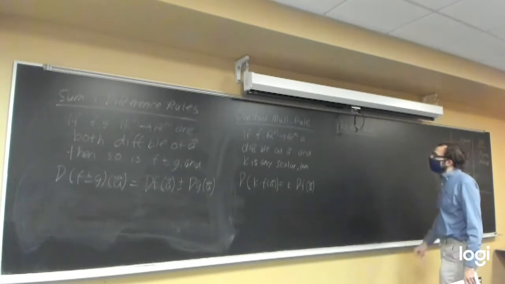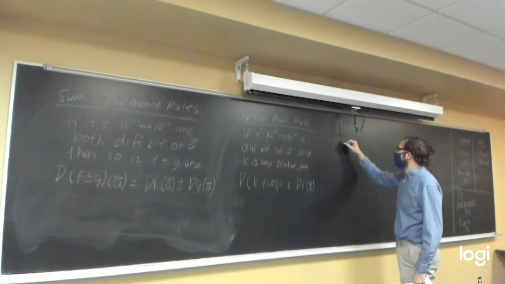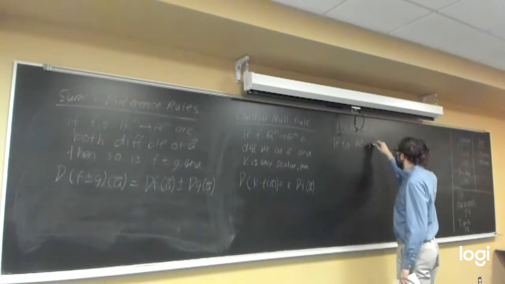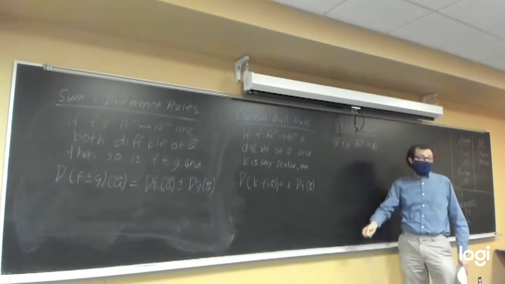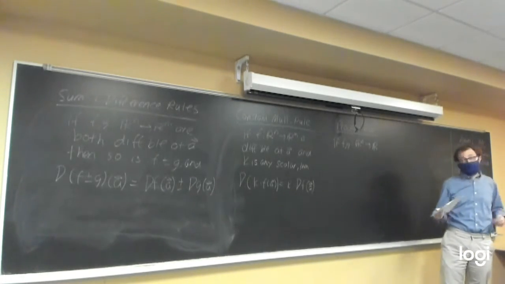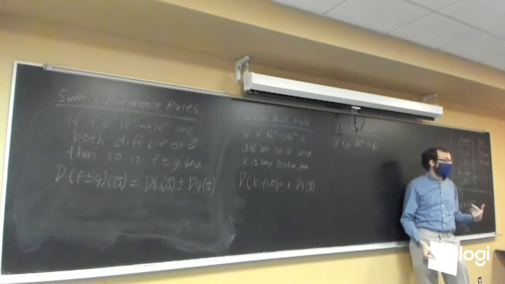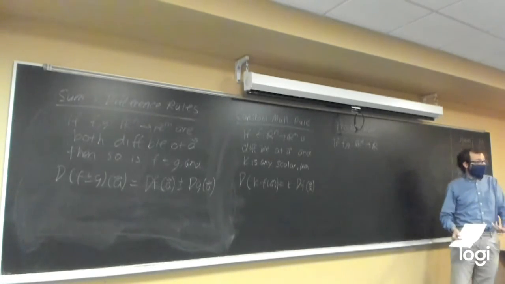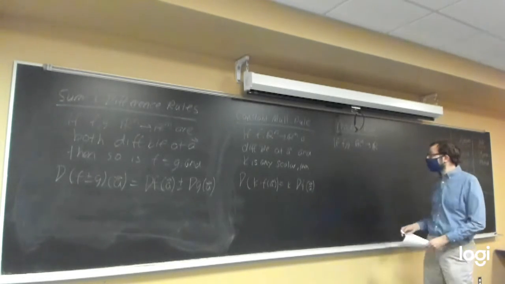The first two rules could work for any dimension of inputs and output vectors, but product rule and quotient rule are specific to functions whose inputs are vectors, but outputs are scalar values.